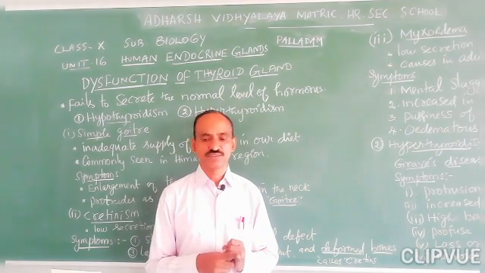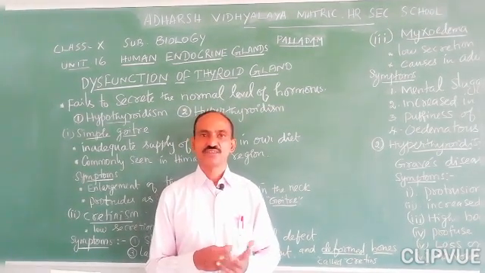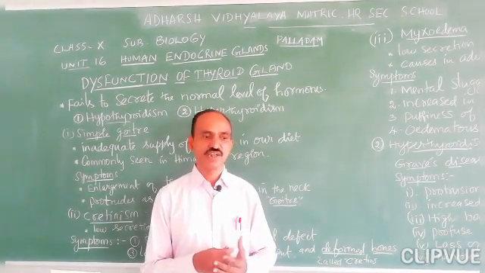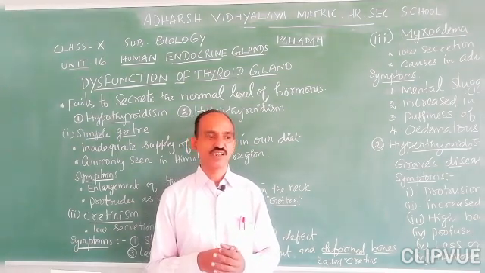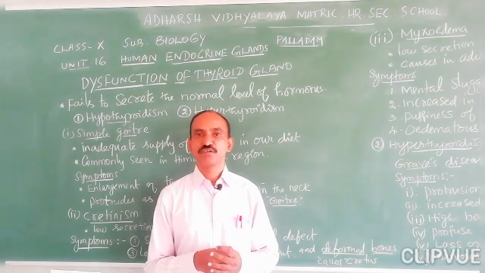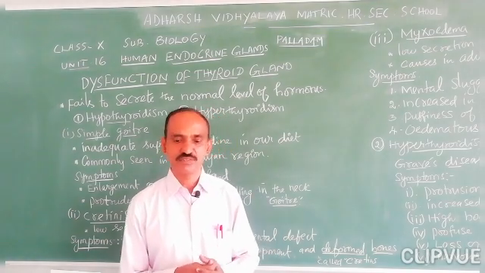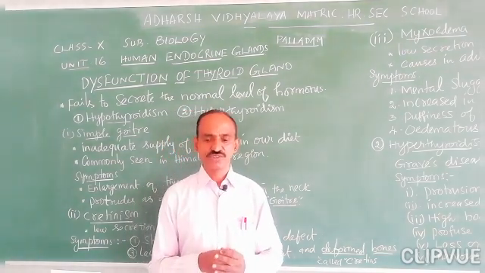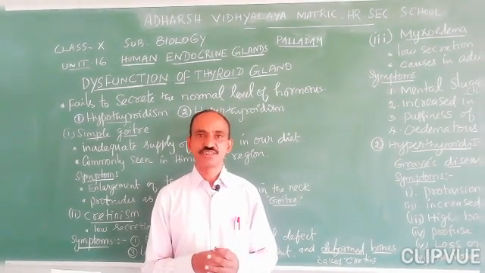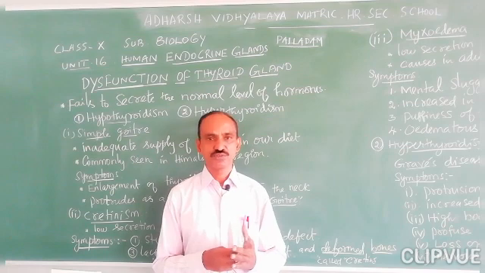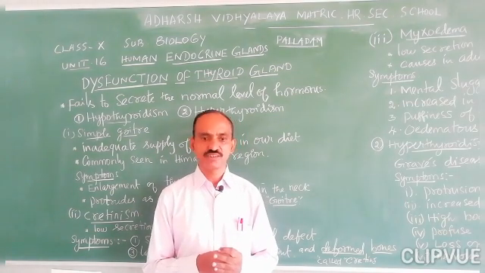Fifth, thyroxine is a personality hormone. It is essential for normal physical, mental and personality development. That is why it is called the personality hormone. The last function is that it regulates metabolism. Up to here we have seen in the previous class.